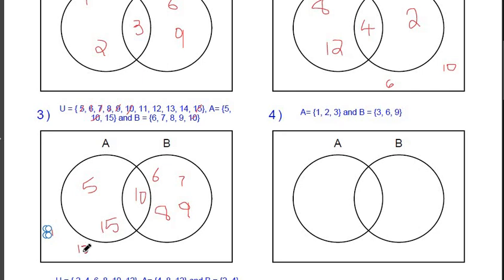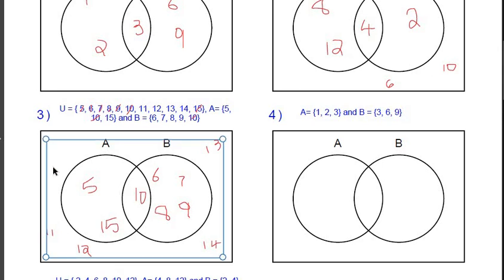And we can write them randomly. We can write some up here, we can write some down here. It doesn't matter. And these are all the elements in the universal set. Now, we represent all the elements that are in the universal set.